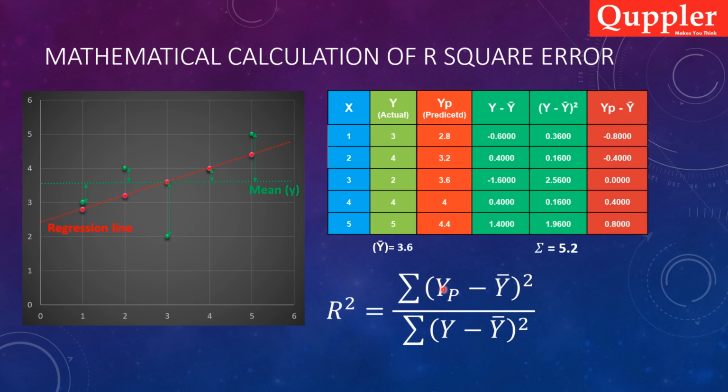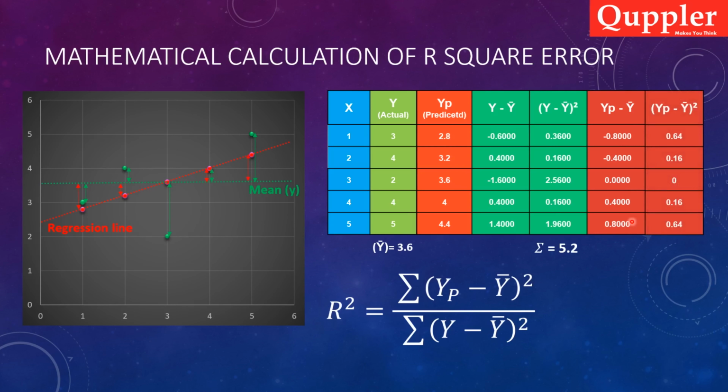For yp minus y bar, for example 2.8 minus 3.6 is minus 0.8, and the same for all the data points. Now we take the whole square of it, and the summation came to 1.6.